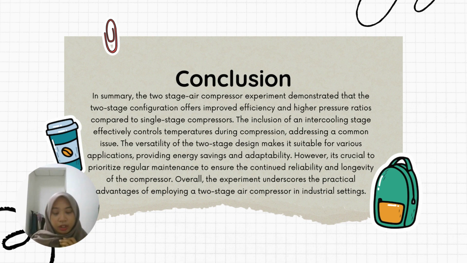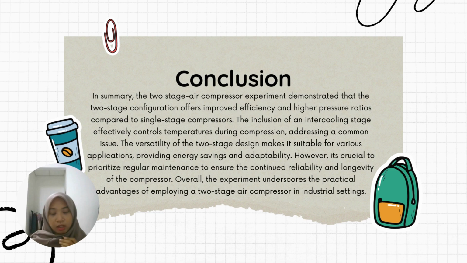Okay, so for the conclusion, in summary, the two-stage air compressor experiment demonstrated that the two-stage configuration offers improved efficiency and higher pressure ratios compared to a single-stage compressor. The inclusion of an intercooler stage effectively controlled the pressure during compression, addressing a common issue.